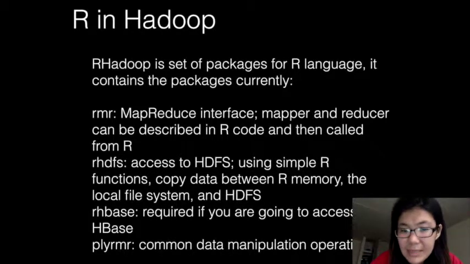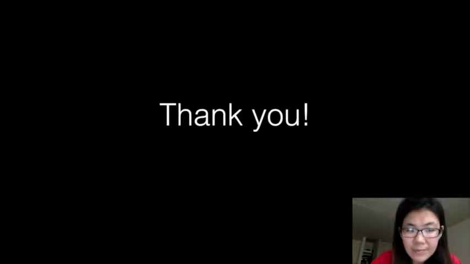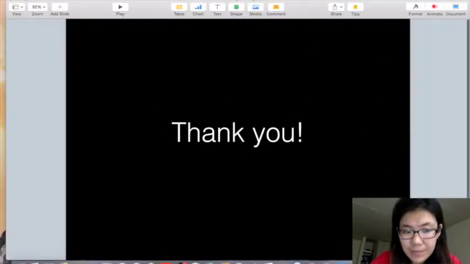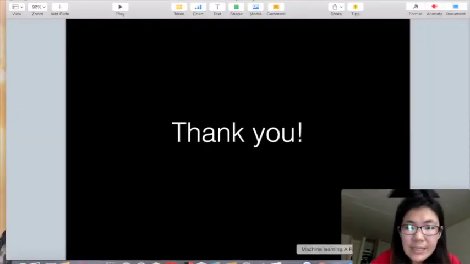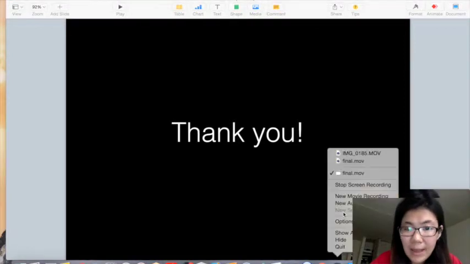And the last but not least package is plyrmr, which provides many common data manipulation operations. With all of these packages, I ran the random forest in R, and it showed a good result. So this is the presentation of my project, and thank you very much for listening.